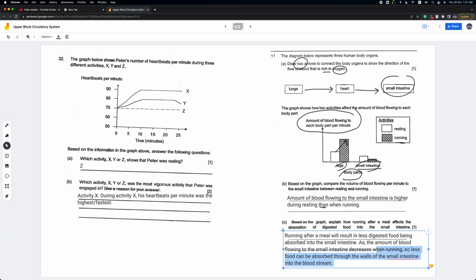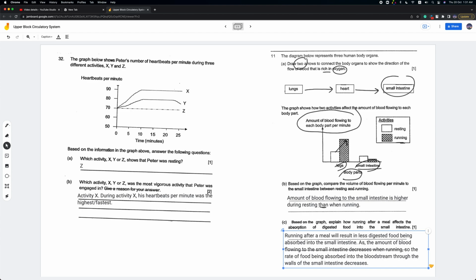So instead of writing less food can be absorbed, we can say, so the rate of food being absorbed into the bloodstream through the walls of the small intestine decreases. I think this is better.